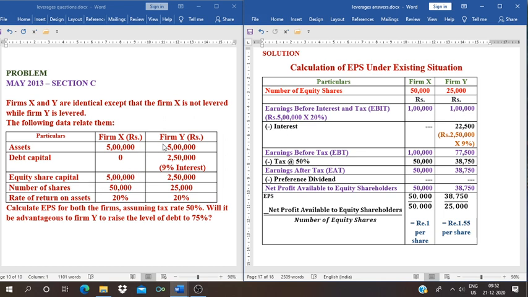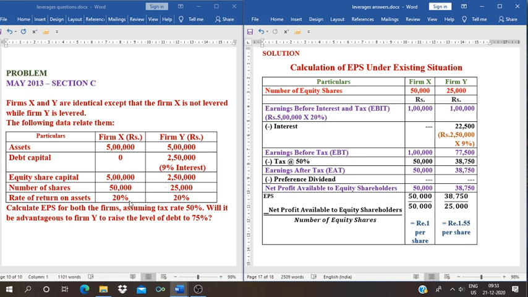For firm Y there are two types of capital: debt capital 2,50,000 and equity share capital 2,50,000. Number of shares for firm X is 50,000 and for firm Y 25,000.